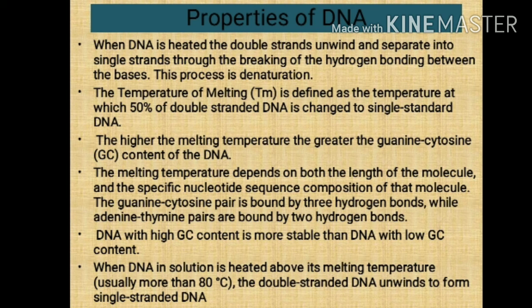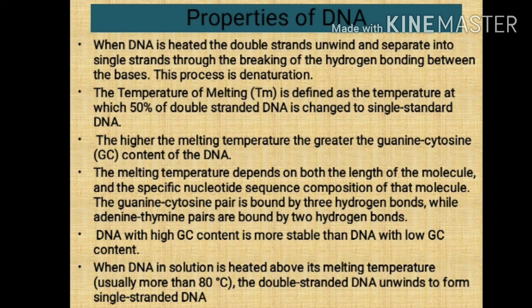The higher the melting temperature, the greater the guanine-cytosine content of the DNA. So the melting temperature depends on both the length of the molecule and the specific nucleotide sequence composition of the DNA molecule.